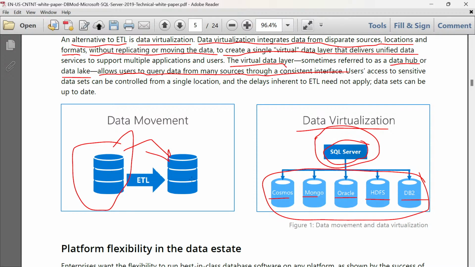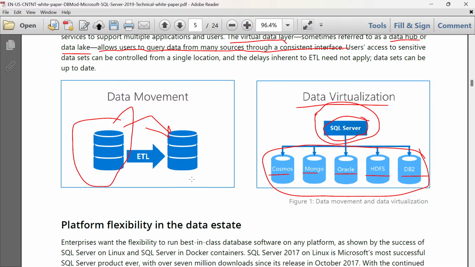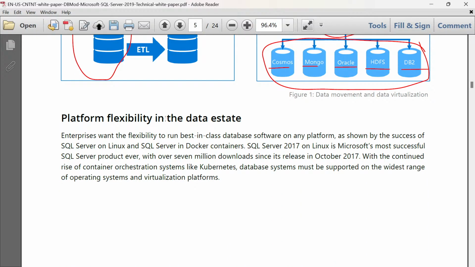Now, we will shorten this session and keep it to this extent only. In the next session, we will continue with platform flexibility in the data estate and many more things.